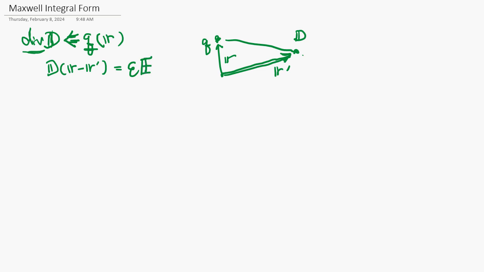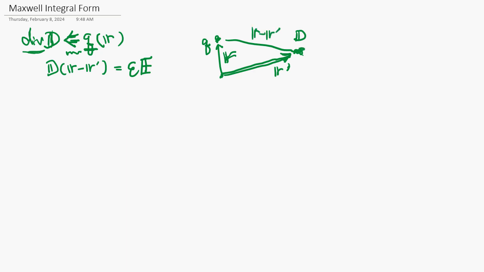So the electrical field is generated by Q. So this equal sign means the D caused by Q. The Q is at the location R, and the point of interest is R prime, so this is R minus R prime.